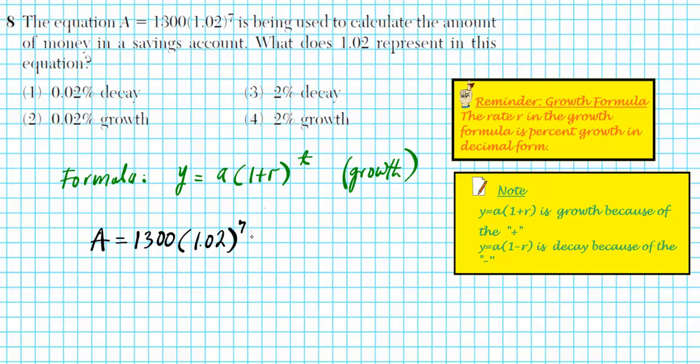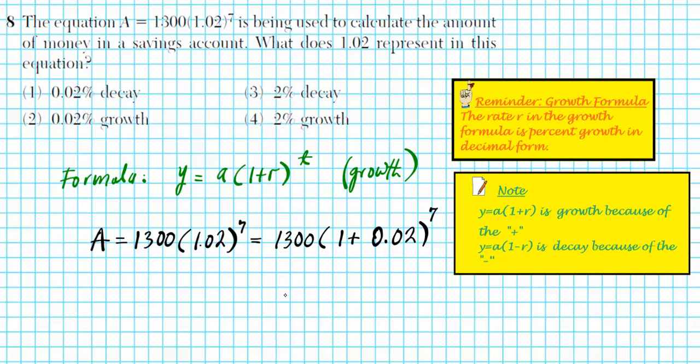So let's apply that pattern to this equation. We're going to have 1300 times 1 plus what gives you 1.02? 0.02 gives you 1.02, and that's being raised to the 7th power. By separating 1 and the decimal component, you can easily identify what the growth rate r is.